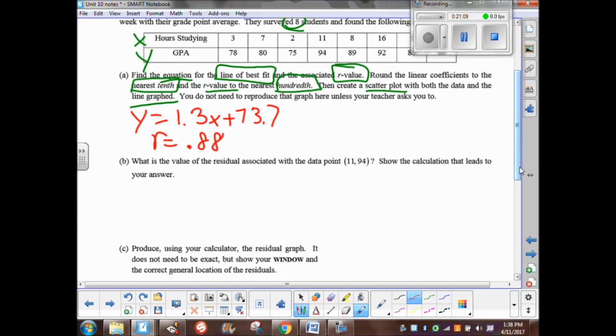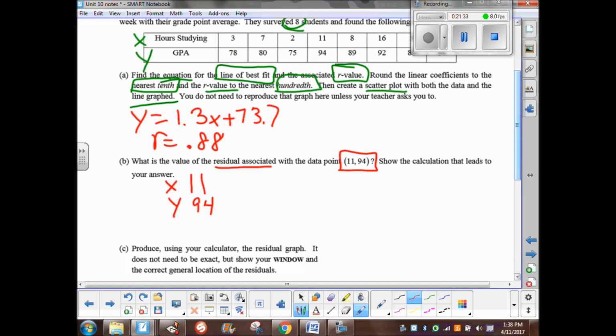What is the value of the residual associated with the data point 11, 94? Okay, so think about what we did on the first page. We had our X value, then we had our Y value.